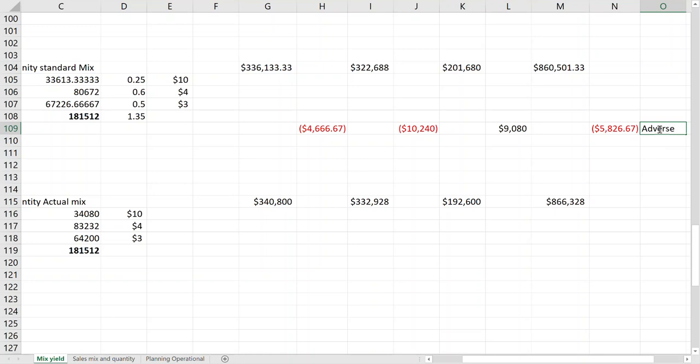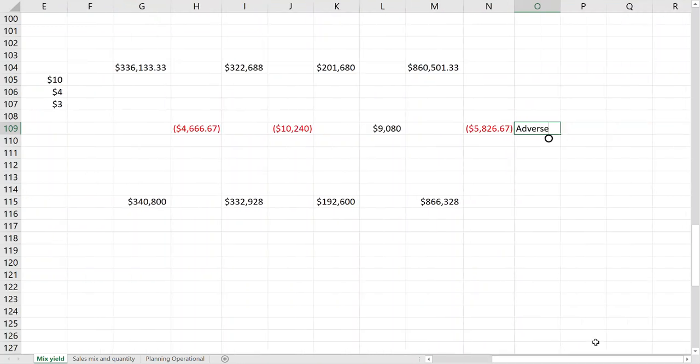Adverse. Okay? Mix variance. What it basically means is that if we had used these quantities in standard mix, it would have cost us less than what it actually costs us now that we have used this in actual quantity. Does it make sense?